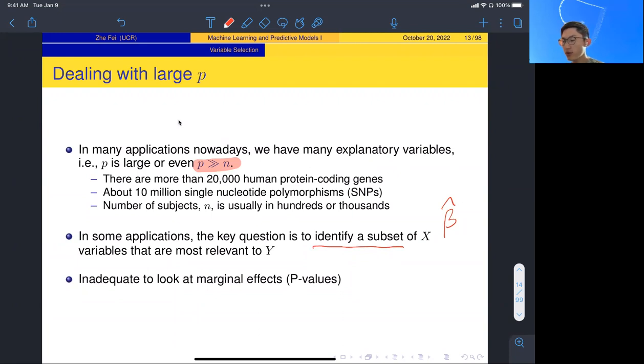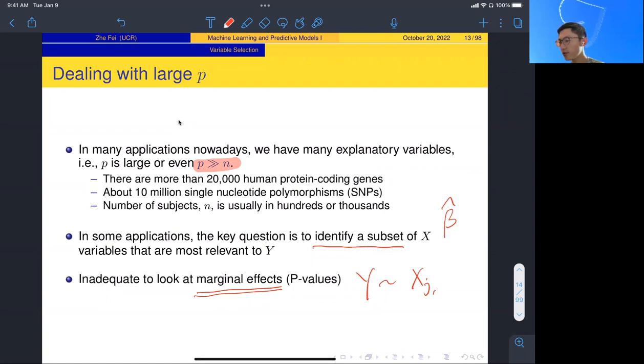Another approach that is different from this joint modeling of P predictors is that people could estimate the marginal effects. In other words, we could estimate the effect on Y for each single XJ separately.